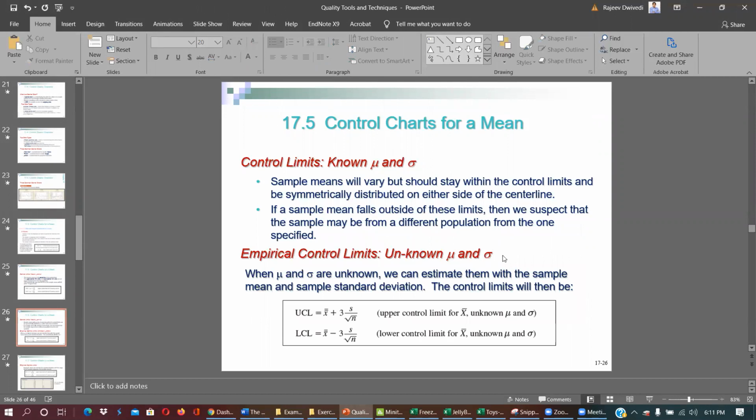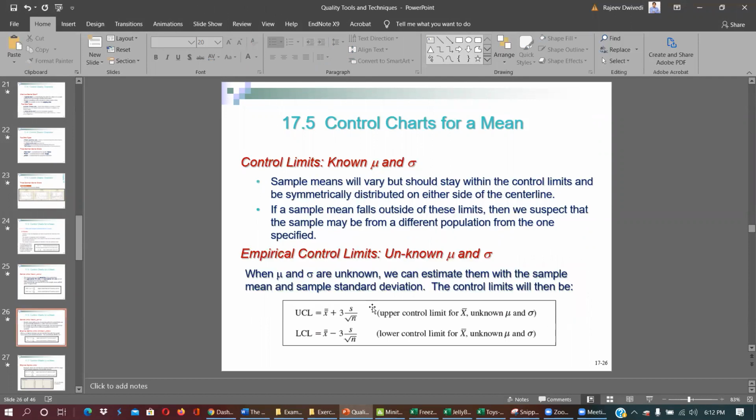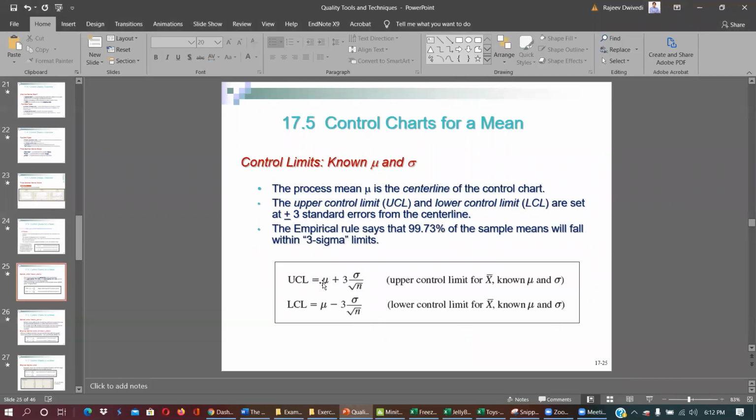So for unknown mu and unknown sigma, basically X bar plus. If you know mu and sigma, this is the control limit, but you don't do it by hand because you automatically get it in Minitab. If unknown, this is the control limit. So what is the difference? Here you have the population mean, the population standard deviation, and the sample size.